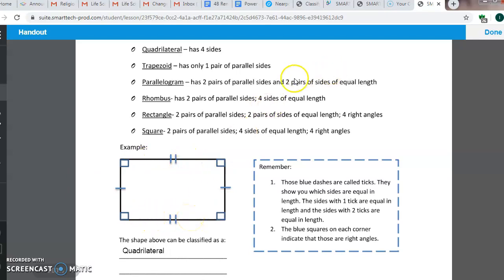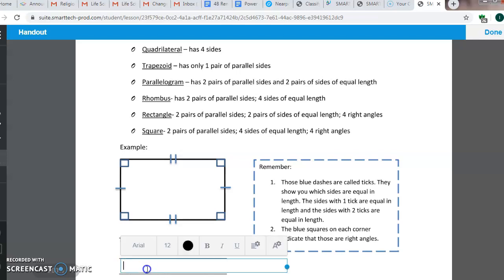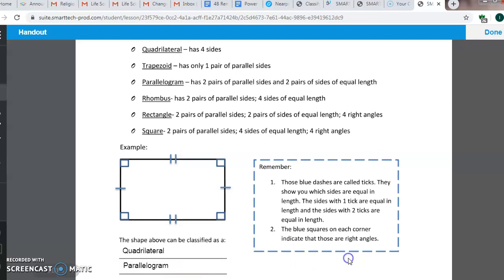So therefore we do have 2 pairs of sides of equal length. So because both of these definitions are true, this shape is also considered a parallelogram. Let's go ahead and write that down. A parallelogram.